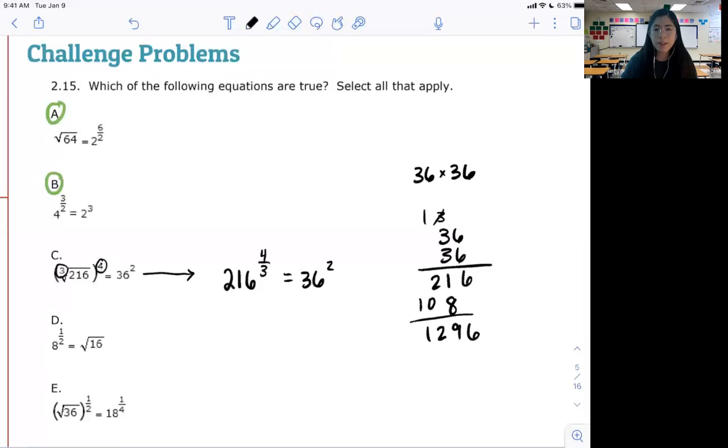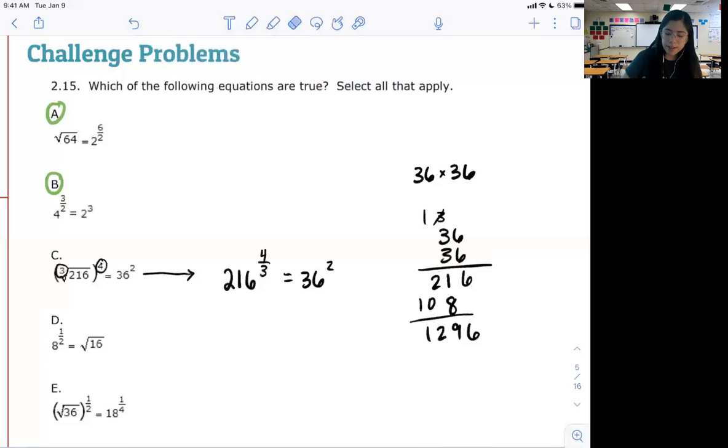But does anyone notice anything that's matching here? See how I got 216 here?